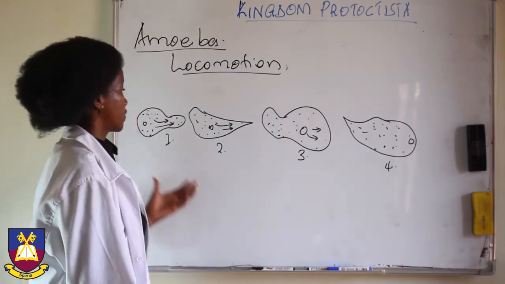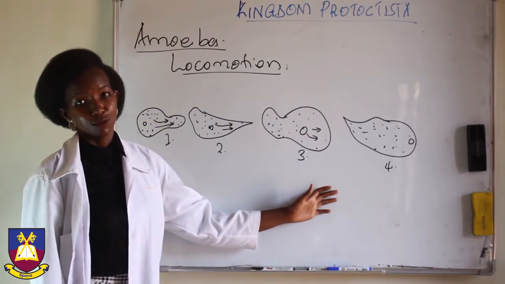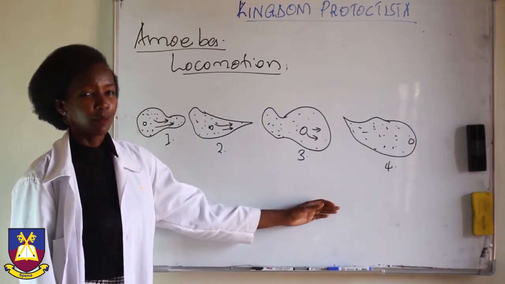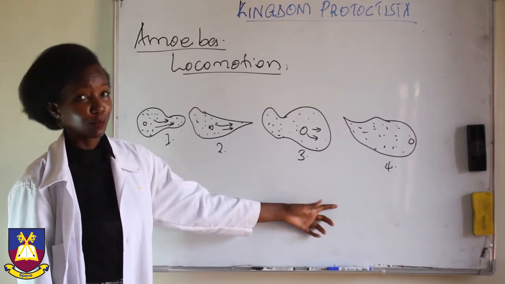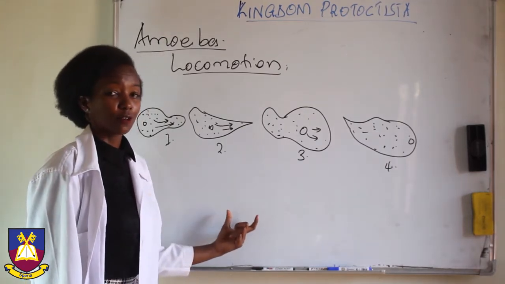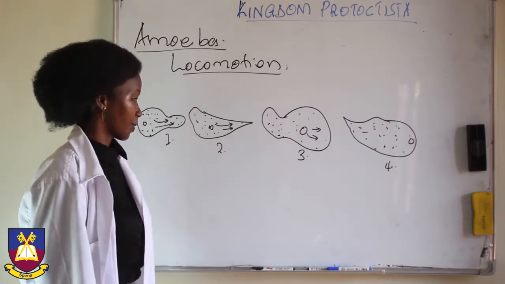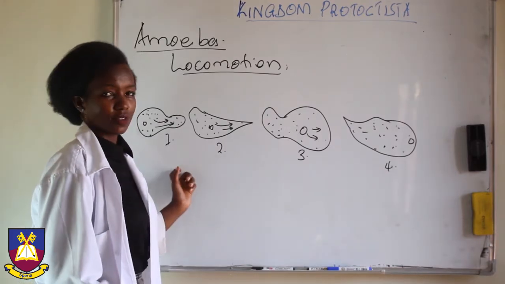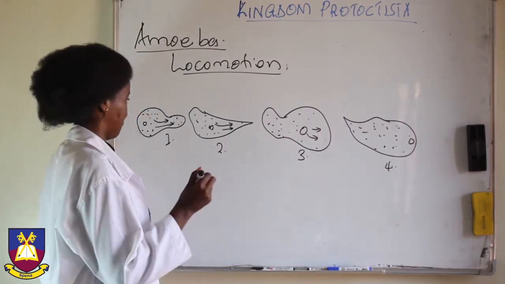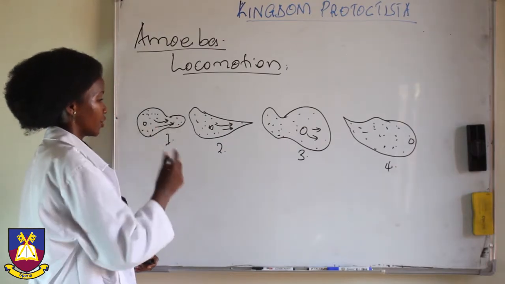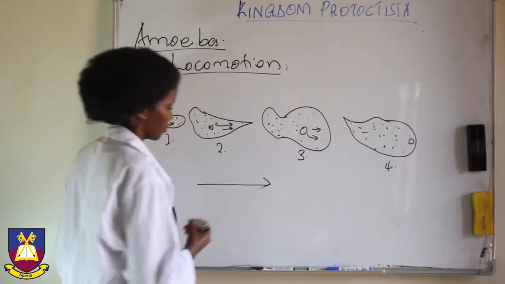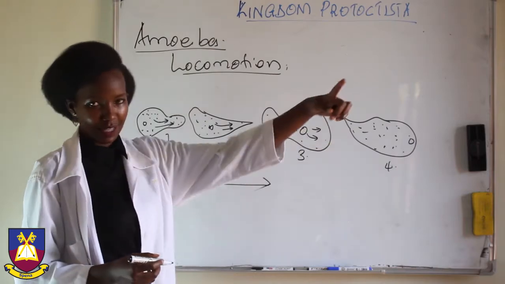So now, this is our diagram that we're going to use to see how amoeba locomote. Remember, locomotion is movement, physical movement from one place to another. So this is one amoeba. See, initially, the direction of movement is it's moving the other side.